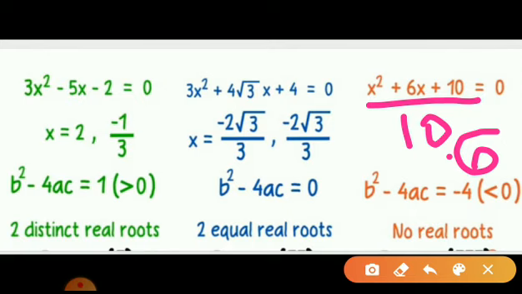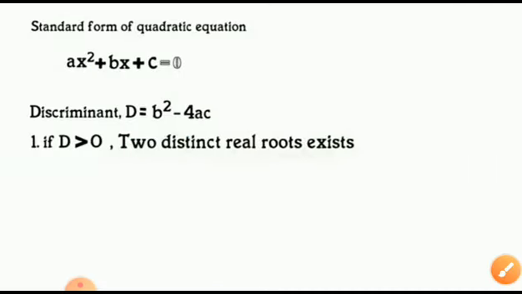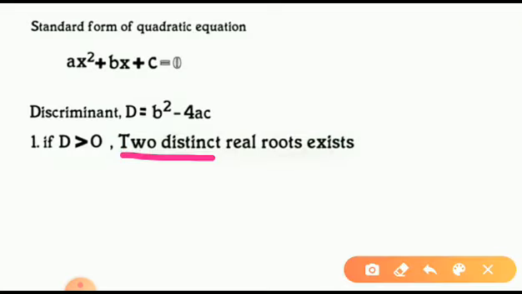In the formula method, you will see that b square minus 4ac is minus 4, which is less than 0, and hence the given quadratic equation has no real roots. So what we have got is, if your discriminant is greater than 0, then it has two distinct real roots.